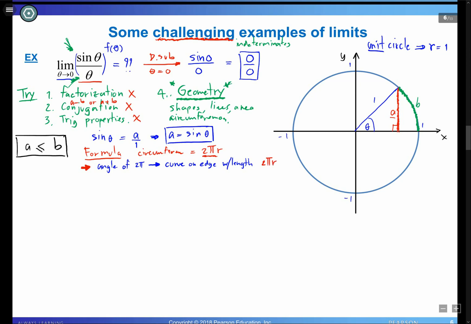Now, what about if we don't want to study the whole circle? We just want to study just one slice right here. So we are going to change this to angle of, now, not the whole circle. We are interested in only a piece, a slice of theta. And this is going to lead to the curve on the edge with the length.